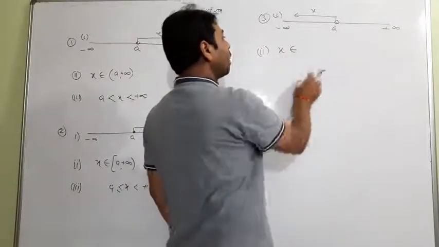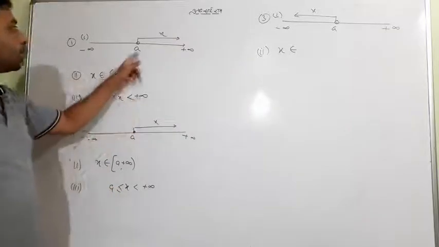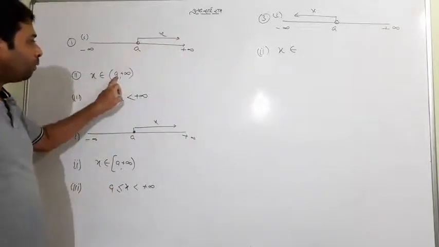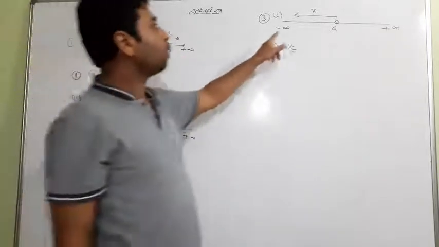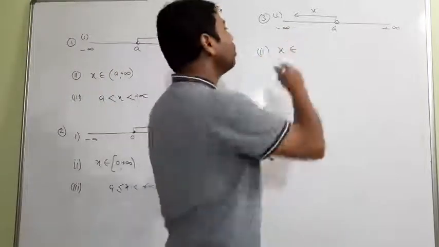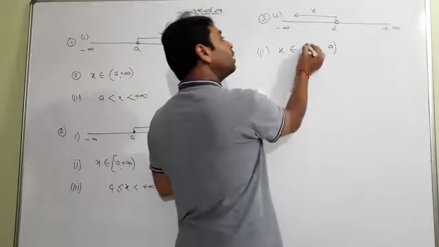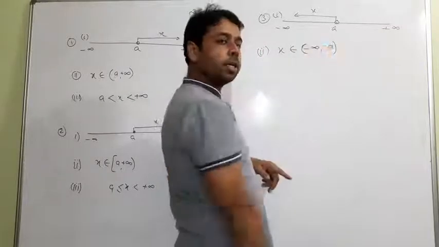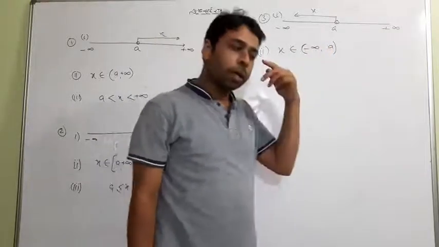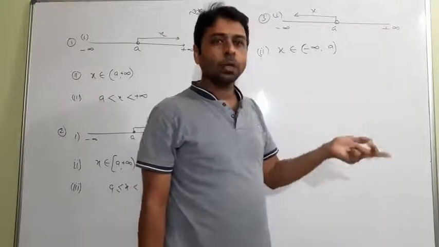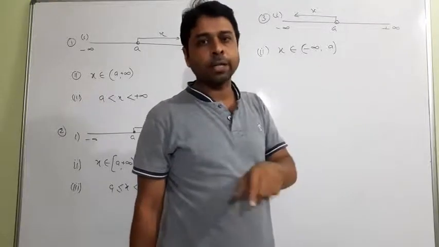How will you write it here? This is from a to infinity, so the left value will be written first and then the right value. Here, what is the left value? Minus infinity. So you will write minus infinity to a. This is always open, because I have told you that near infinity, whether plus infinity or minus infinity, you use the open bracket.